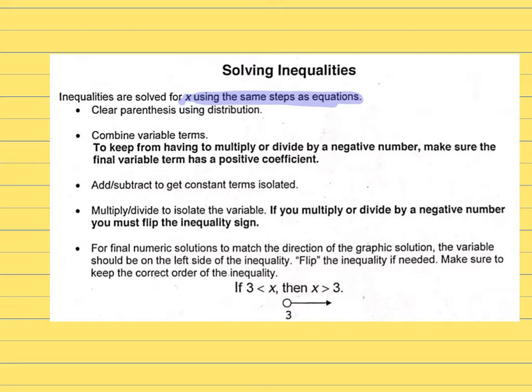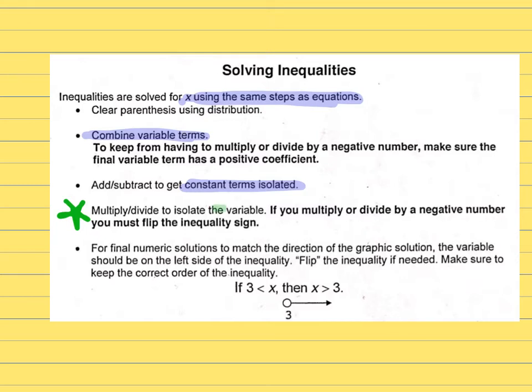We're going to put all the variables on one side. Then we're going to put all the constant numbers on the opposite side. This one is new for you guys because this is not like a normal equation.